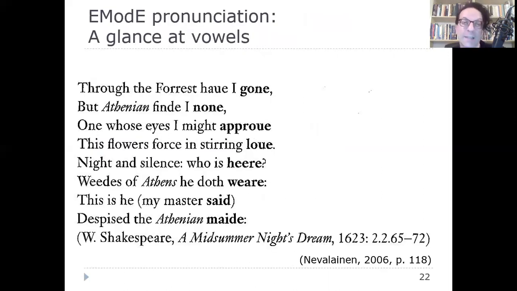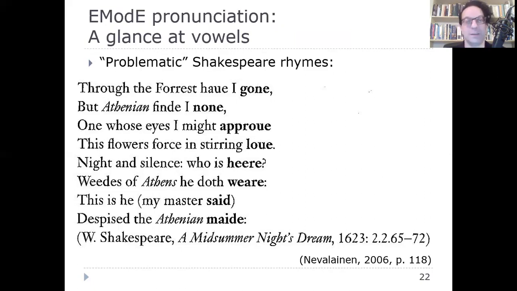Okay, a tiny glance at pronunciation, because there was also, of course, a lot going on on the level of pronunciation, but I have sort of left that out until now. So one thing, if we glance at early modern English vowels and how they probably were pronounced, you run into a problem here, because Shakespeare has a passage that is supposed to rhyme, and by modern standards, it doesn't rhyme, right?